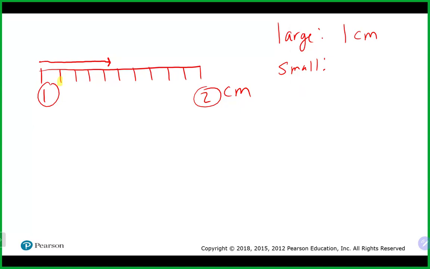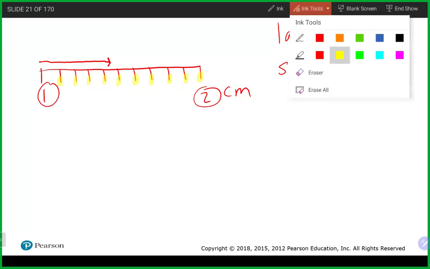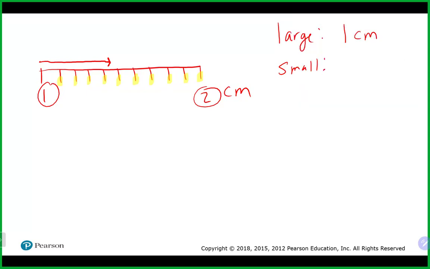So that's 1, 2, 3, 4, 5, 6, 7, 8, 9, and you should end at the next big marking. So here we're going to start at the marking after the 1, and count up all the small markings until we hit the next big number, which is a 2. I think I said 10, right? Each of the small markings represents how much?